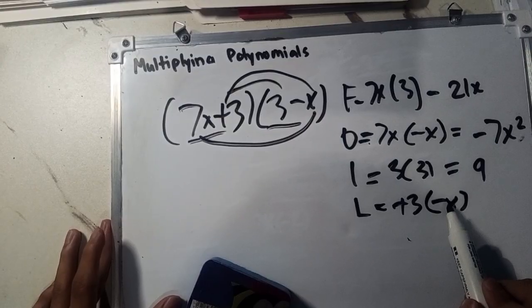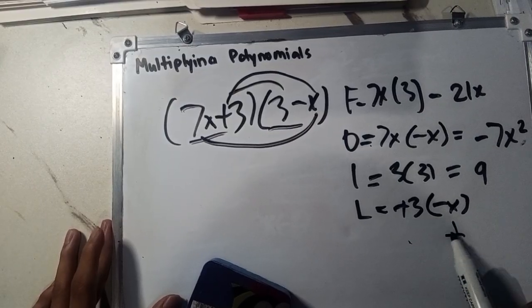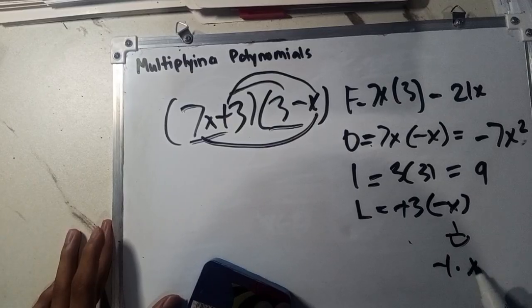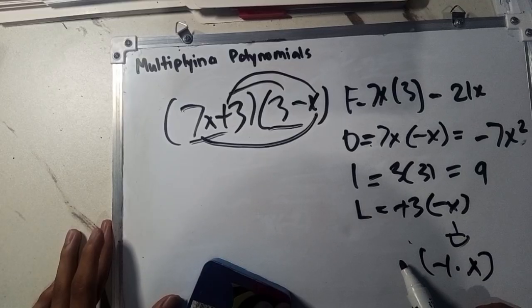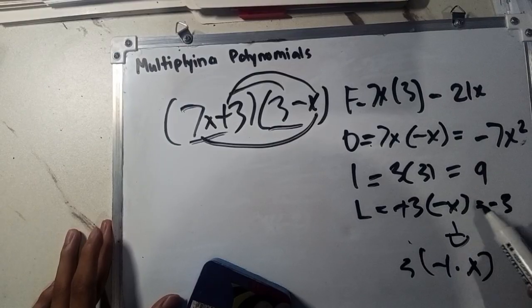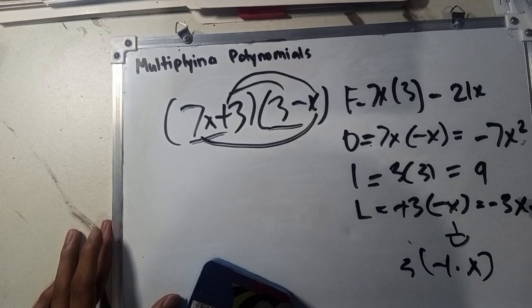So we assume that there is a negative 1 coefficient in negative x. So 3 times negative 1 is negative 3. Copy x. Then we have negative 3x.